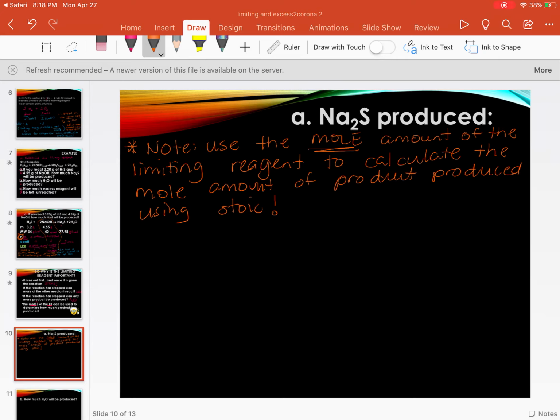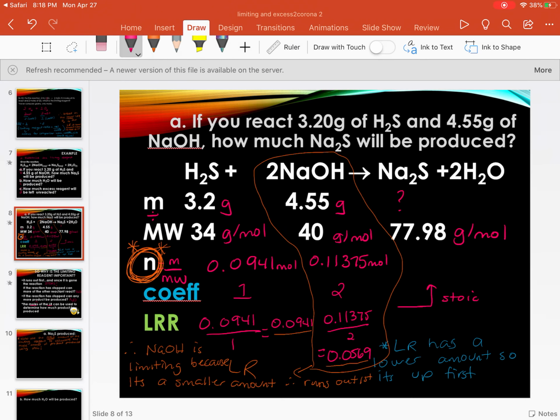Whenever we're comparing one amount to another, similar to the last section, we're always going to use moles, and we're always going to use the stoichiometric ratio. And over here, we kind of drew the arrow for stoichiometry like we did in the other one. So this is going to come from the limiting reagent. So make sure those connect there.